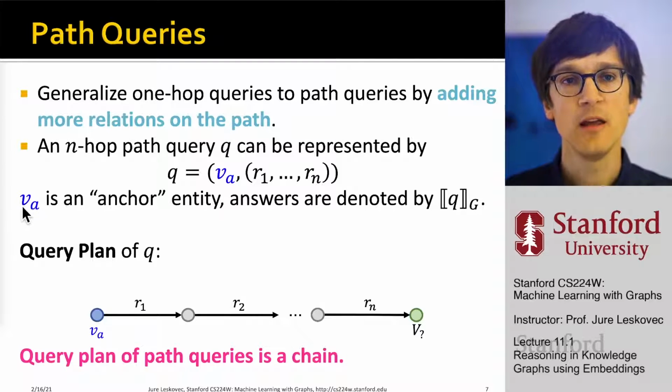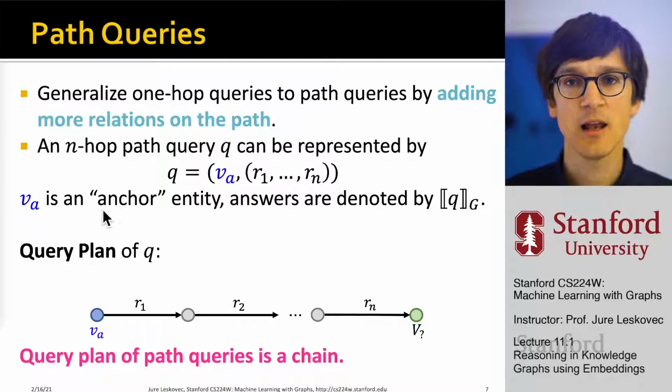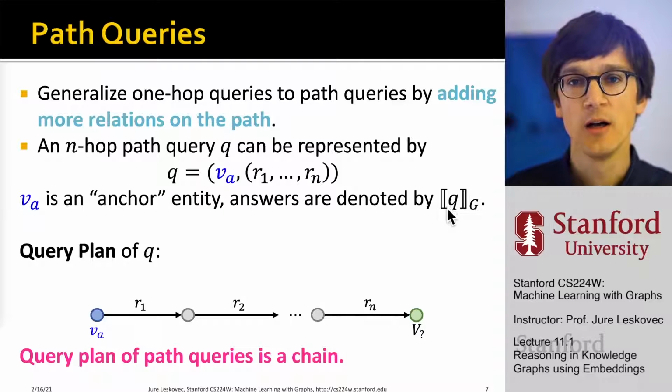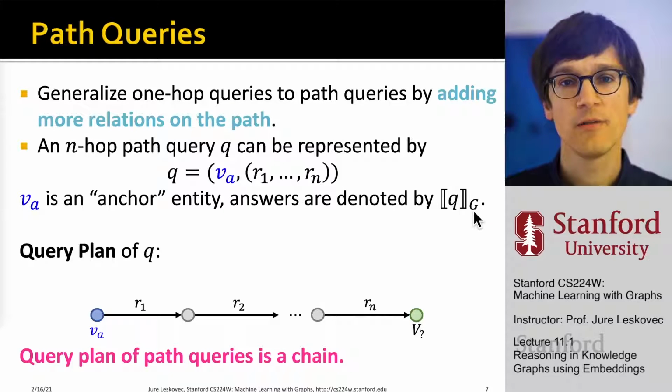So V sub A is an anchor node. This is a fixed entity like fulvestrant as we talked about, and then answers to the query will be denoted in this notation, with double braces: whatever elements I write in here are the answers to the query Q on a knowledge graph G.